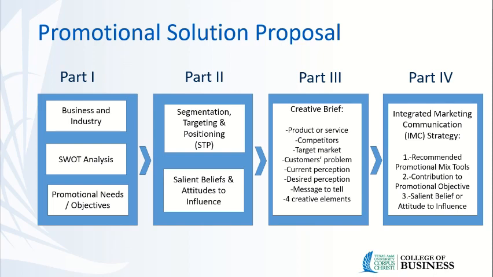So just briefly going over these different components. In the industry part, the business part that you have to start with, you have to give a description of what business you are using, right?